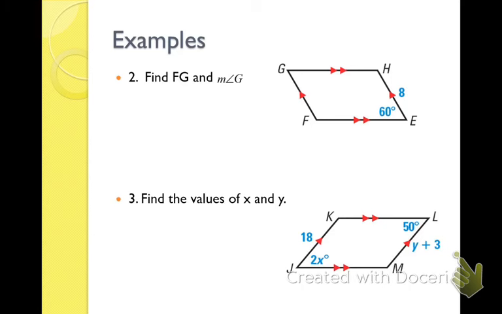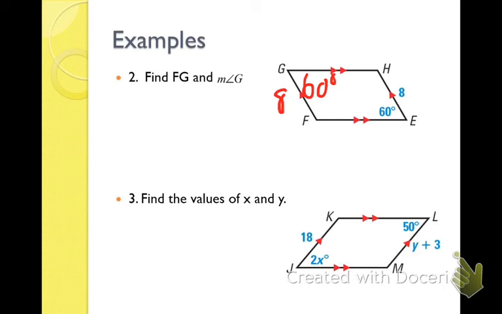What would FG be? Jacob? 8, because HE is 8. FG is opposite, so FG would be 8. What about angle G? Brandon? All right. What's G opposite? 60. Yeah, so it's 60.